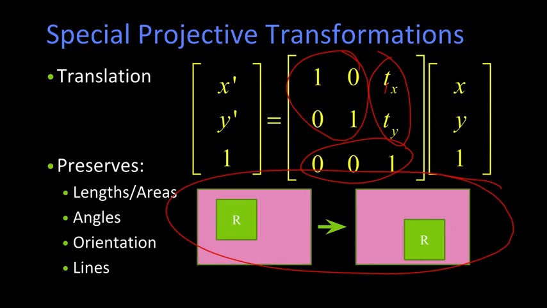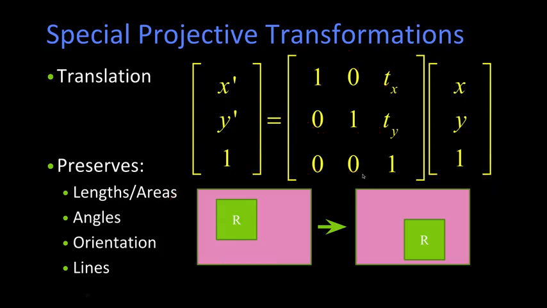Nothing changes in orientation or size. Translation preserves the lengths and areas of objects, so as I move them around, the angles stay the same, even the orientation stays the same, and because this is a projective transform, lines remain lines. And lines remaining lines is going to be key to everything we do for at least 4 or 5 lessons. All right, so that's translation.